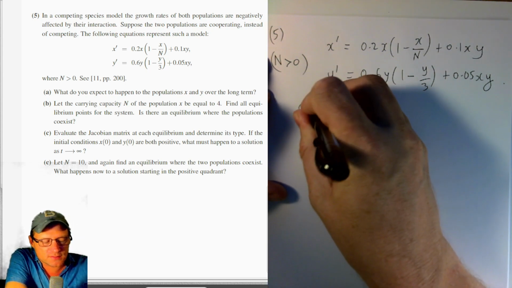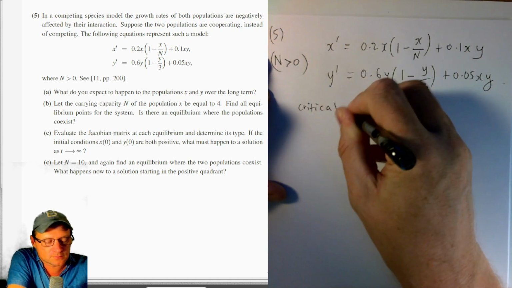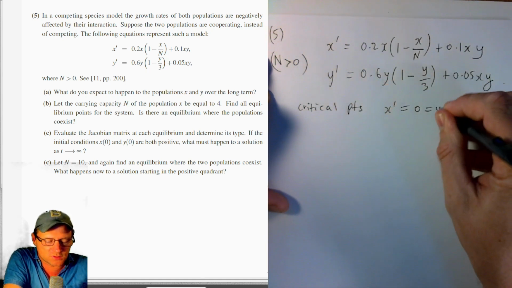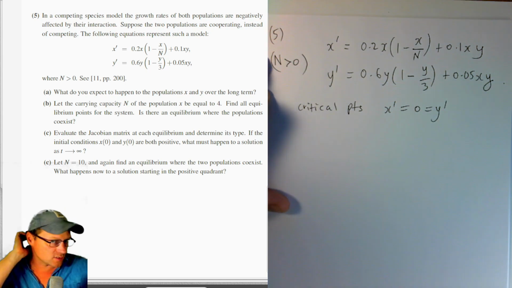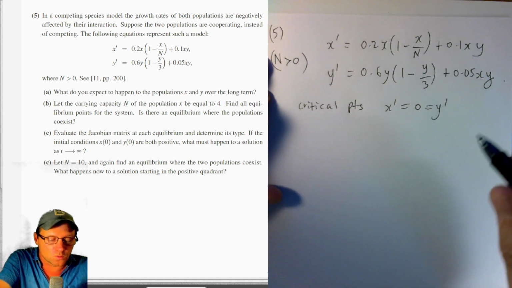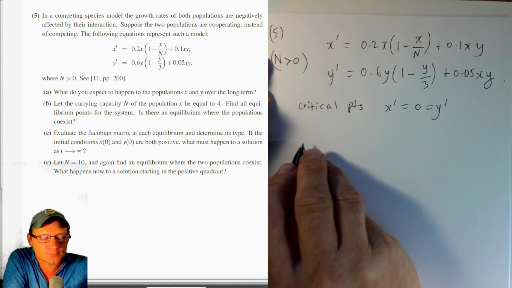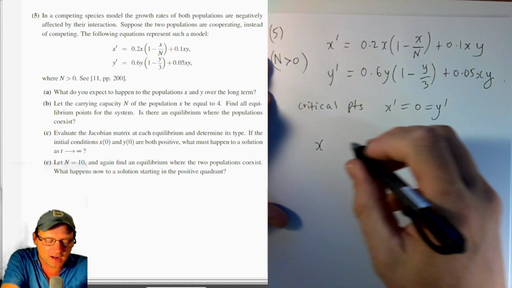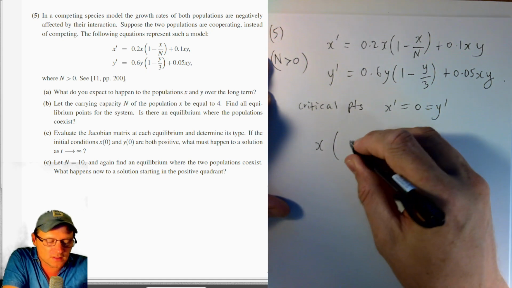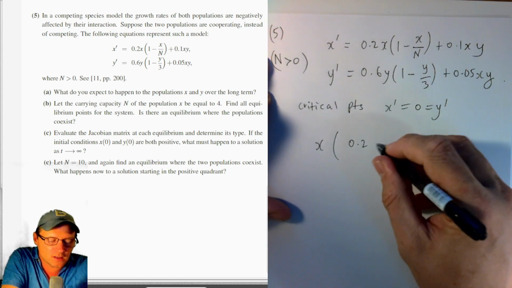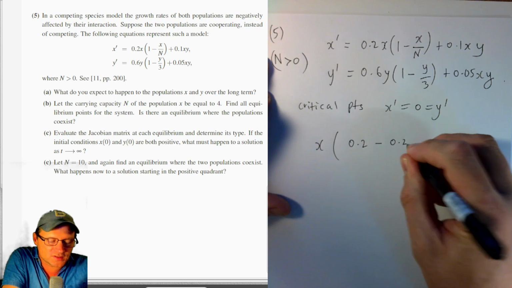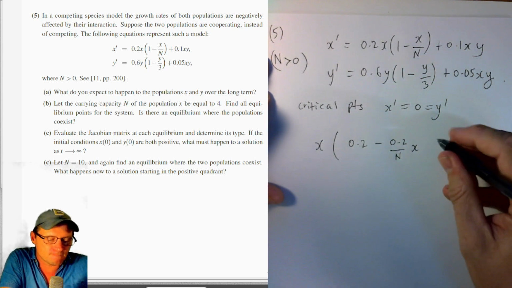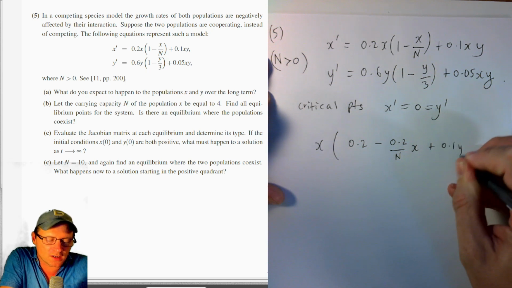So critical points, again, these occur when X dash is equal to 0 and Y dash is equal to 0. So we have then X, for the top one, I'm seeing that there's a common X I can factor out. X outside of 0.2 minus 0.2 over N times X plus 0.1 Y.